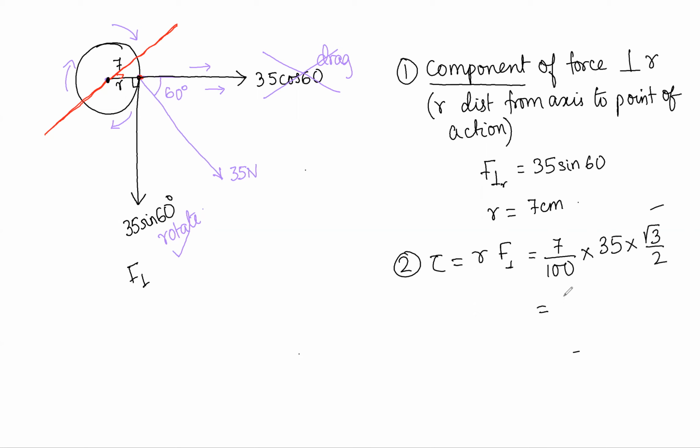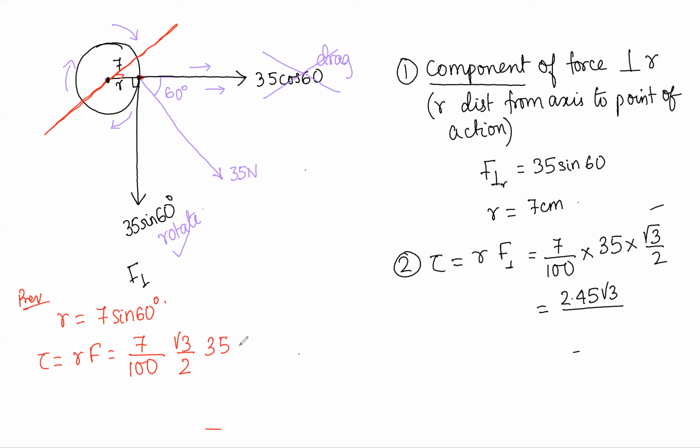So your answer is still going to be the same, which is 2.45 root 3 divided by 100. Wait a second. In the previous case as well, when we took sine 60, I think I forgot to divide by 2. I made a mistake over there. In the previous method, look to the left of your screen, I said R is equal to 7 sine 60, and then torque is equal to R into F. When I did this calculation, 7 by 100, sine 60 is root 3 by 2, and the force is 35.